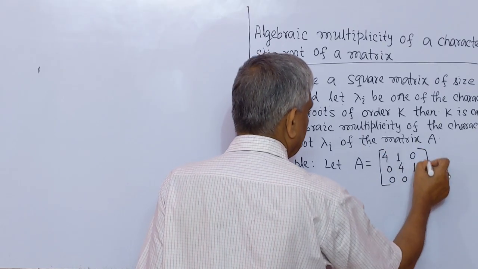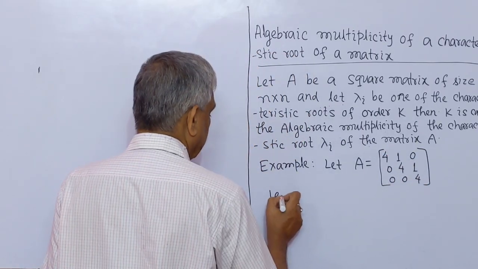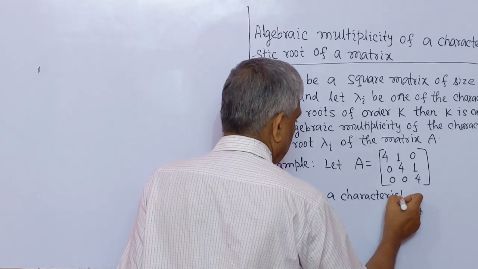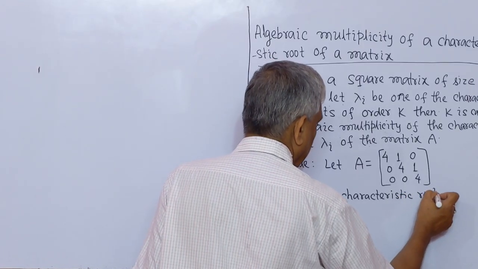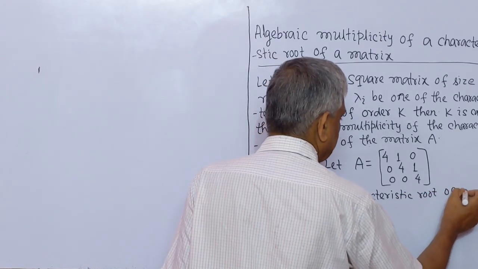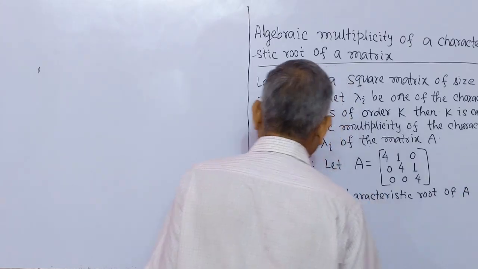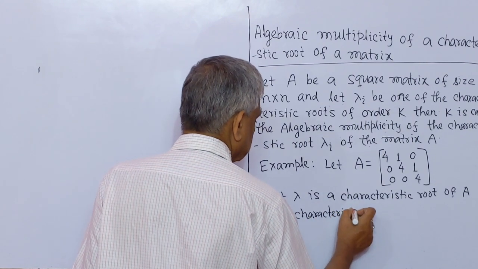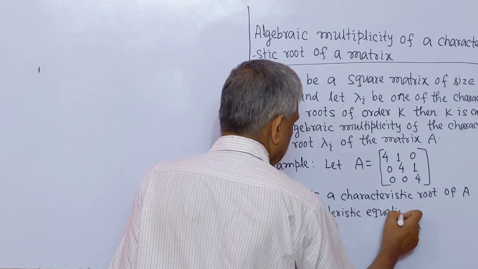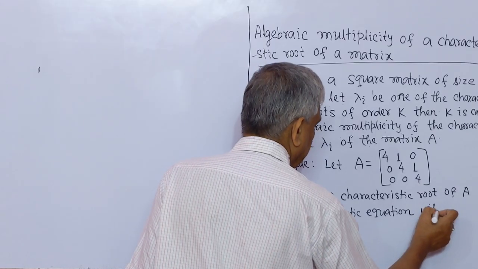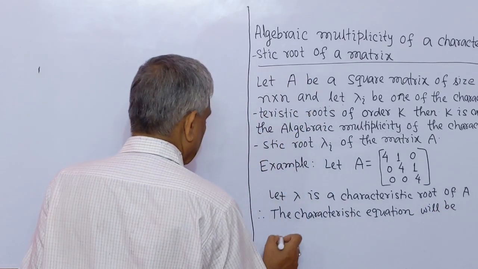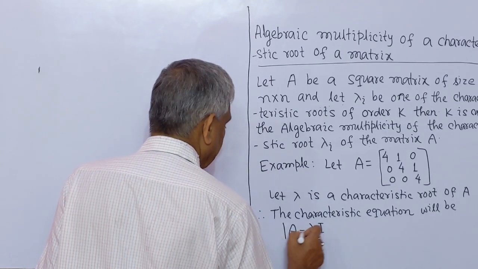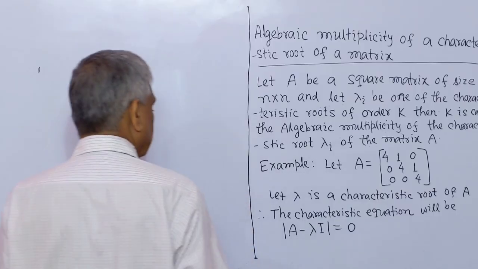Let lambda be a characteristic root of matrix A. Therefore, the characteristic equation will be determinant of A minus lambda I equals 0.